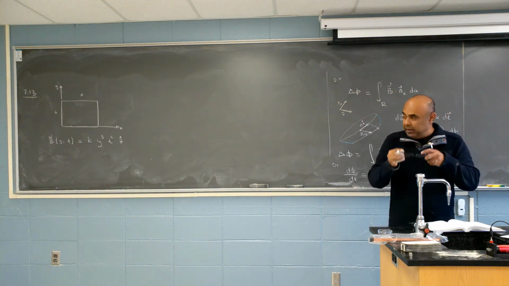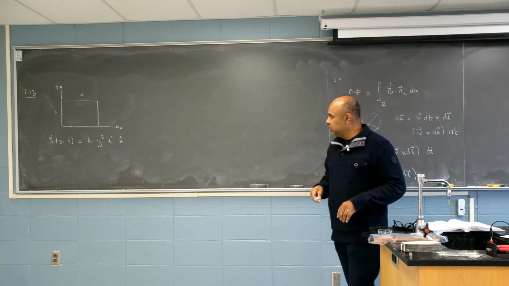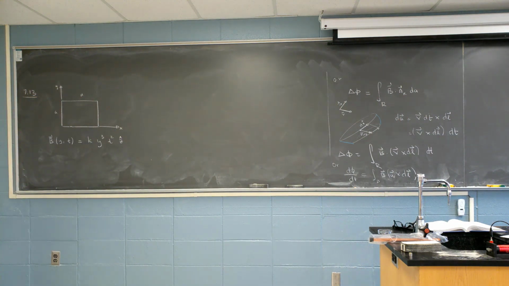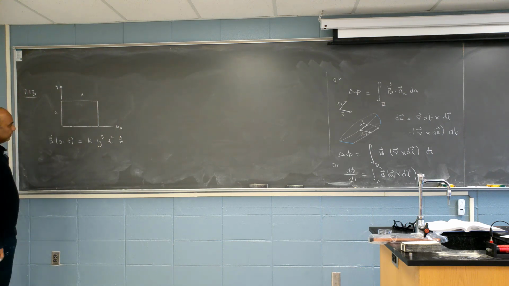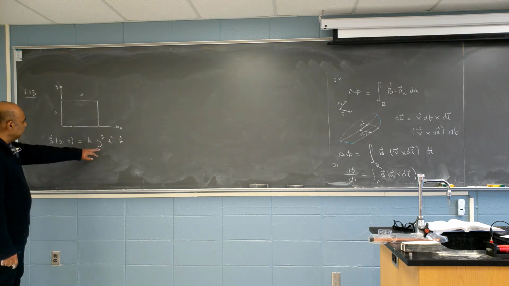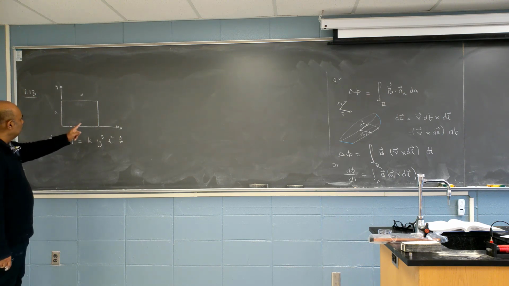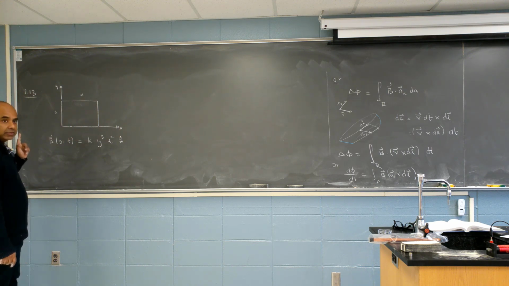Again, induced EMF is not that difficult to find. The difficulty is saying which way is the EMF. So first of all, which way is the flux increasing? In the positive z axis. So which way do you think the induced EMF will be? Will it go clockwise or counterclockwise?